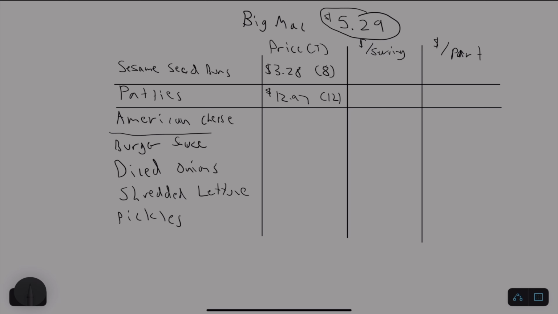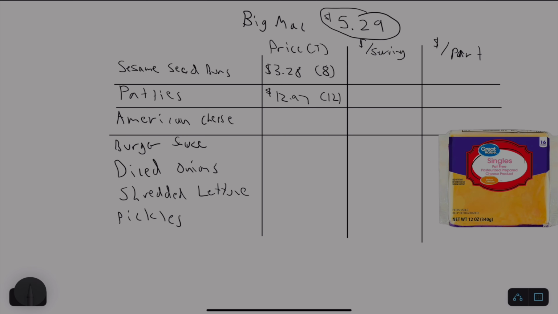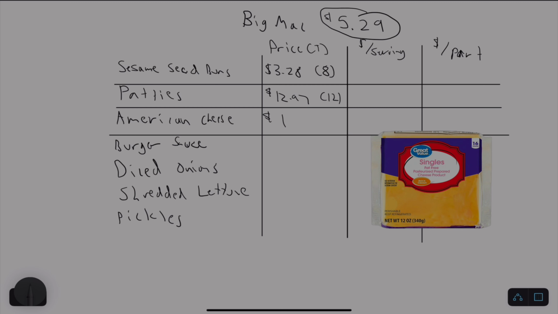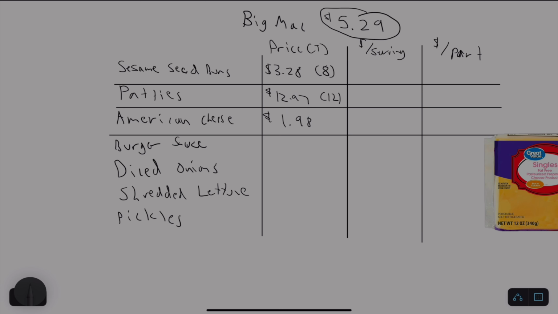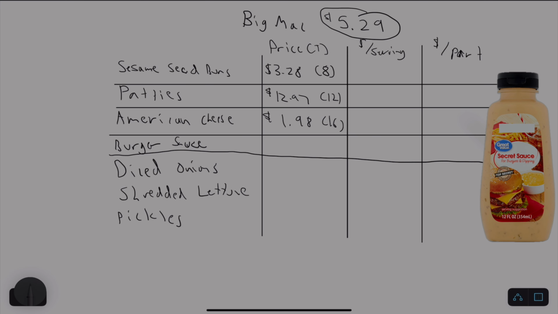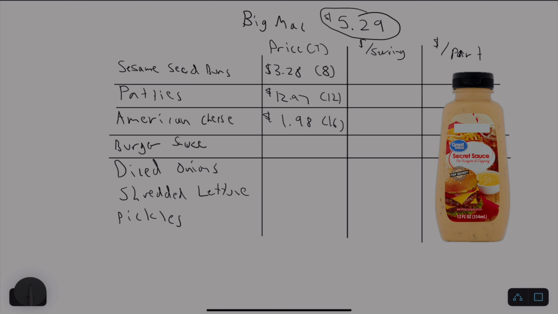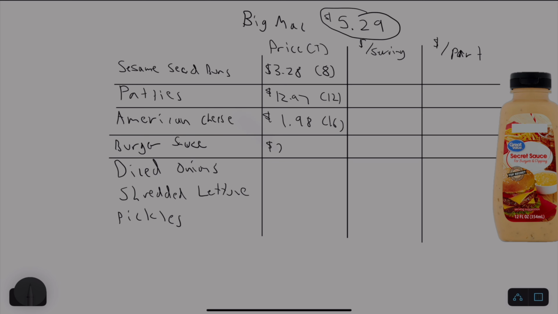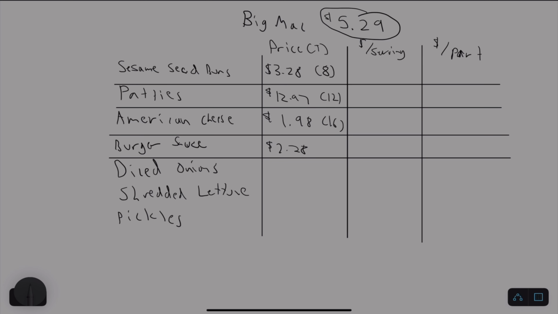American cheese. This is the Great Value style American cheese. And that is $1.98 for 16 slices. Our burger sauce. Walmart did recently release a new burger sauce. And that comes to around $2.28.